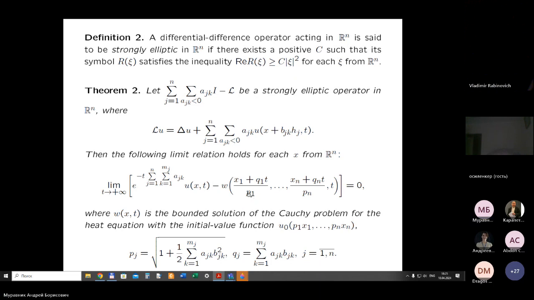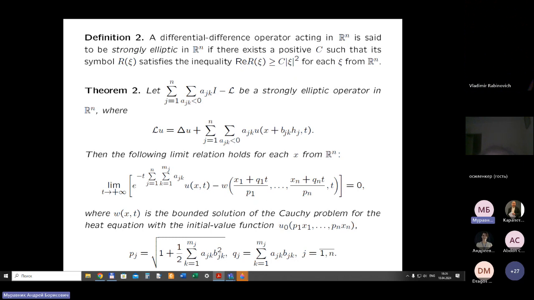And asymptotical closeness theorems say to us that as t tends to 0, the investigated function is quite close to this echelon function.